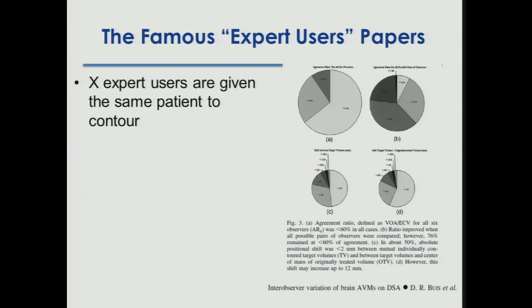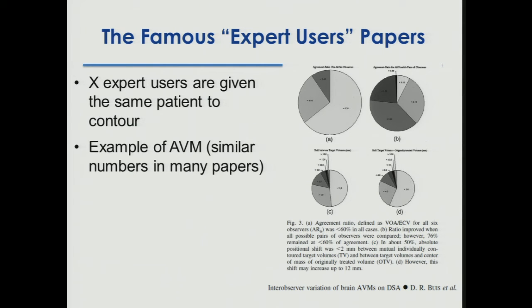Experts, users are given the same patient to contour, and the paper I'm showing here is an example of an AVM. It's the same thing in all the papers. The agreement ratio is just dismal. And honestly, an AVM is not that difficult. There are other brain tumors which are way harder to contour.